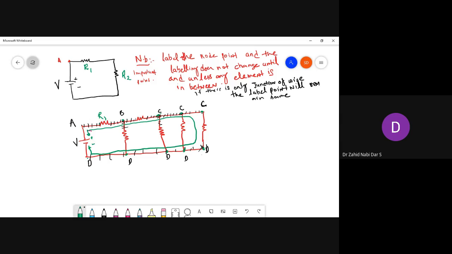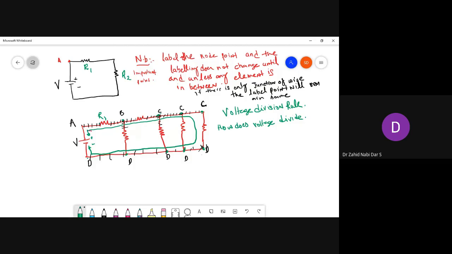Now you might have already studied the voltage division rule. So how does voltage divide? Based on the resistance. Yes, it's correct.